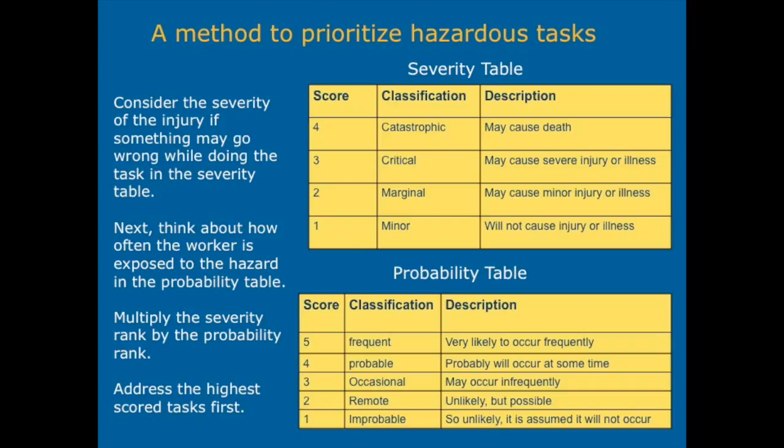Once you identify jobs or tasks, you need to rank these tasks. One method for ranking considers the probability that the hazard will cause an injury and an estimate of the severity of that injury. These are not precise predictions of when or how severe an injury may be, they're only estimates. The method can help you decide which is more important: an infrequent job that has the potential to kill a worker, or a frequent job that causes less severe injuries.